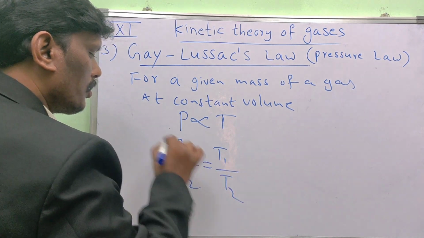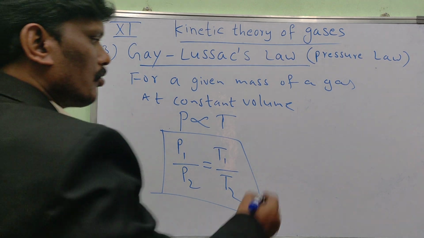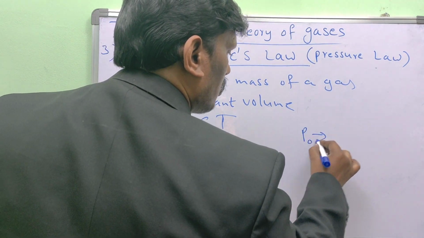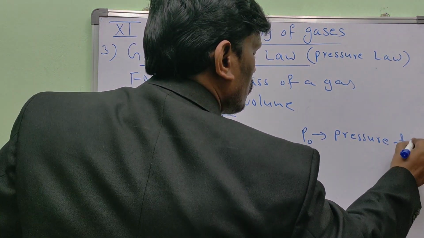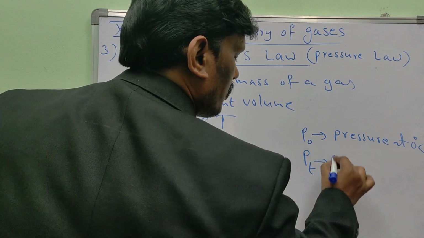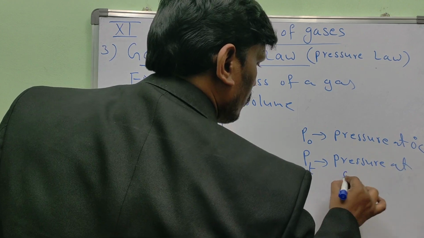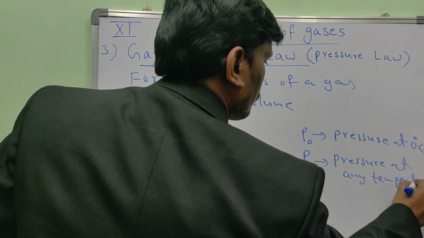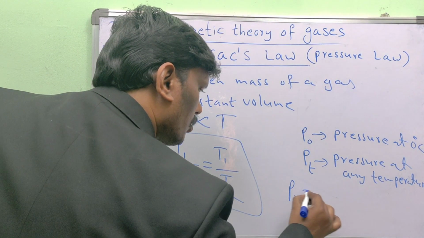By using this formula, we can solve the problems. If I know the pressure at 0 degrees Celsius, that is P naught, we can calculate the pressure at any temperature T. How to calculate?